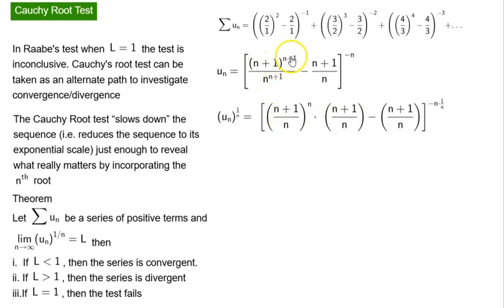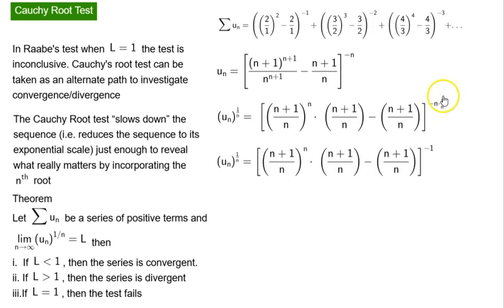I have split n plus 1 to the power of n plus 1 as n plus 1 to the power of n times n plus 1. And in the denominator, we have n to the power of n plus 1 being split into n to the power of n times n. This remains as it is. Now here, minus n times 1 by n gives us minus 1.